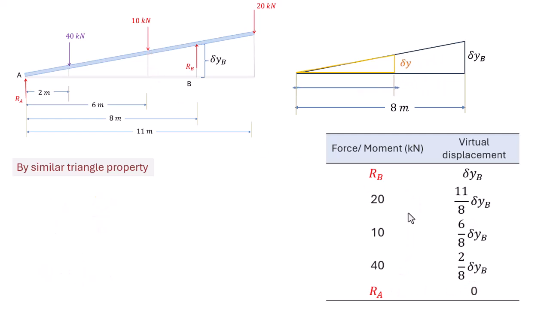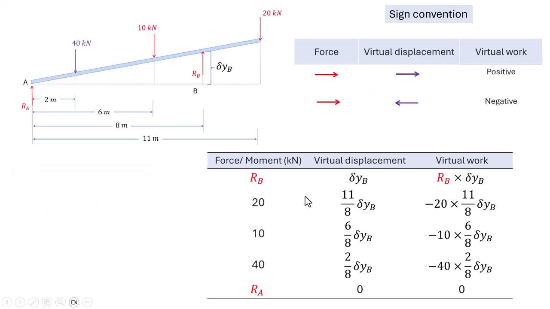Now, in the last column, calculate the virtual work by using the relation: virtual work is equal to force times virtual displacement. While doing this, follow the sign convention that virtual work is positive when the force and virtual displacement act in the same direction, and negative when they act in opposite directions.